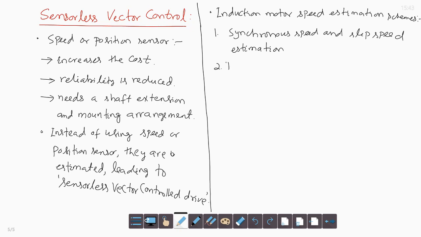Second one is direct synthesis from state equation. Another third one is speed adaptive flux observer.